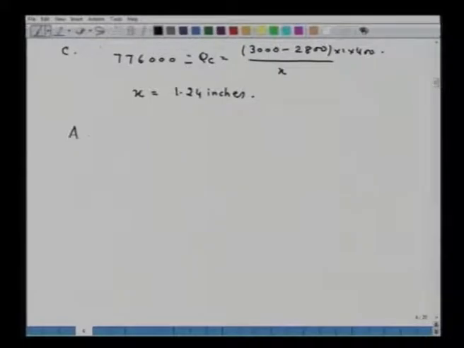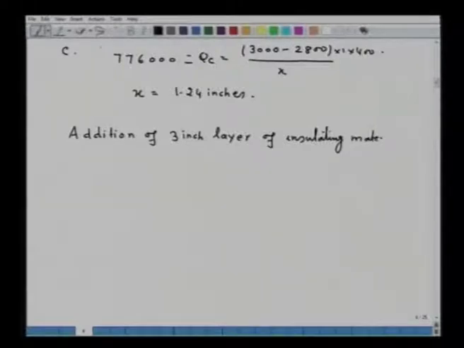Say, addition of a 3 inch layer of insulating material whose K equal to 0.12 to the furnace wall is being considered.